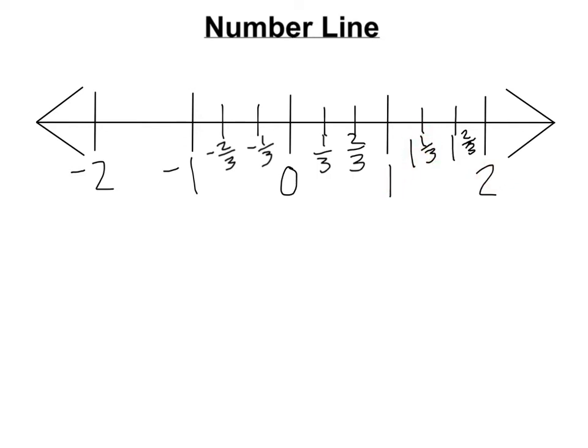So when I split up the space between -1 and -2, just like 1 and 1/3 were closer to each other, over here -1 and -1 and 1/3 will be closer to each other, which means obviously this must be -1 and 2/3. Moving to the next slide in 3, 2, 1.